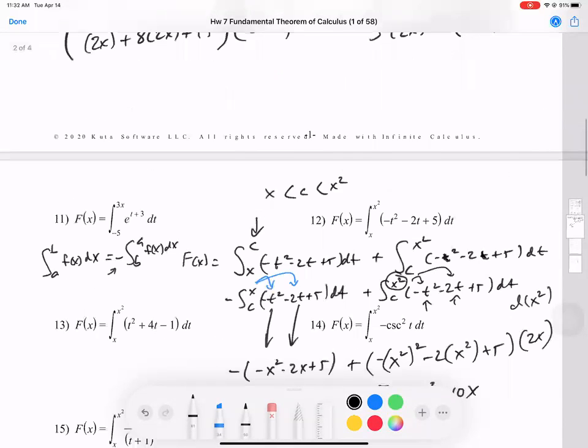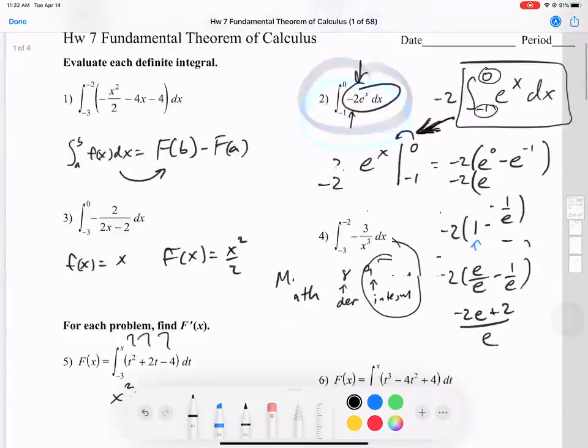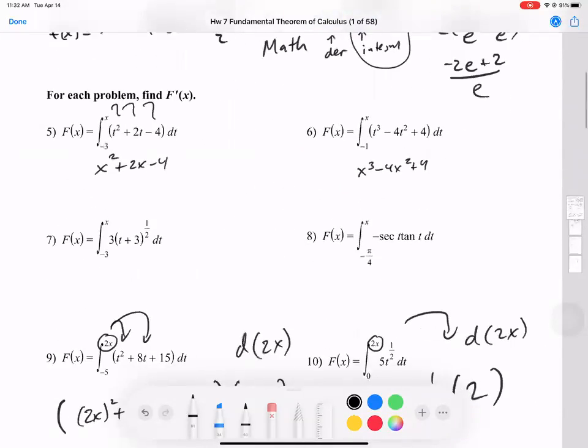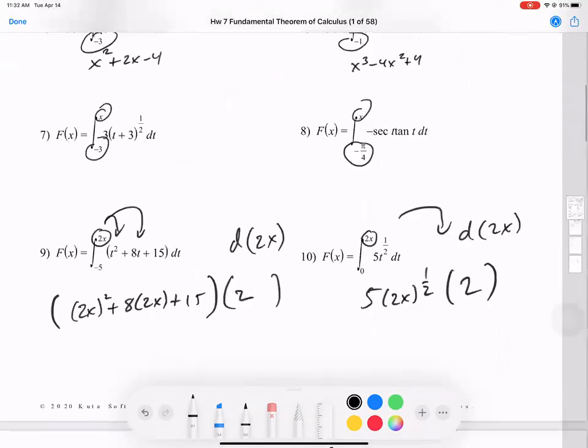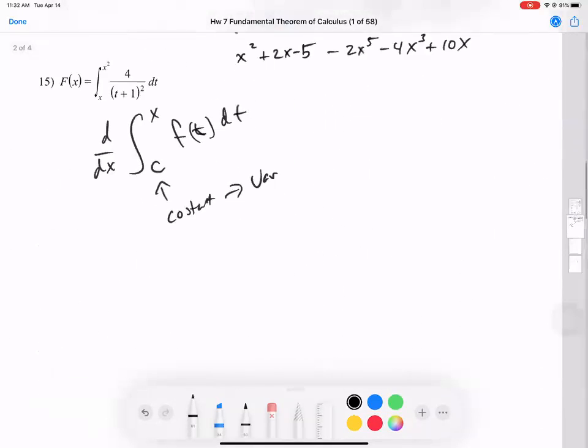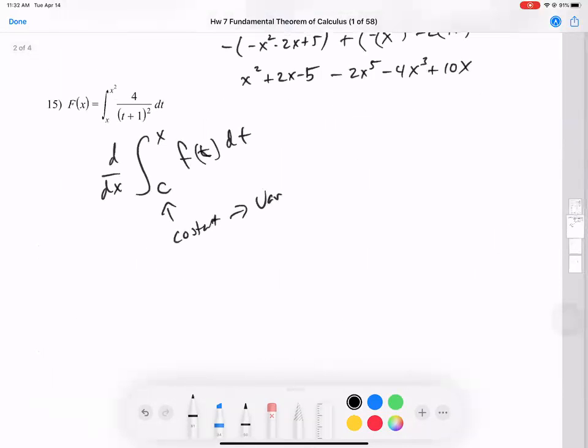And if you look back up here, when we look at all our examples, it was always from a constant to a variable. And the reason why is, let's come up with a problem, some like lame problem. If I say d over dx of the integral from 3 to x of t dt.